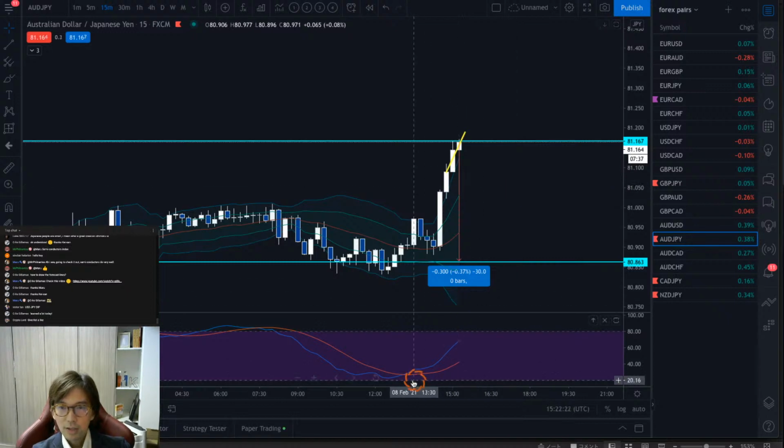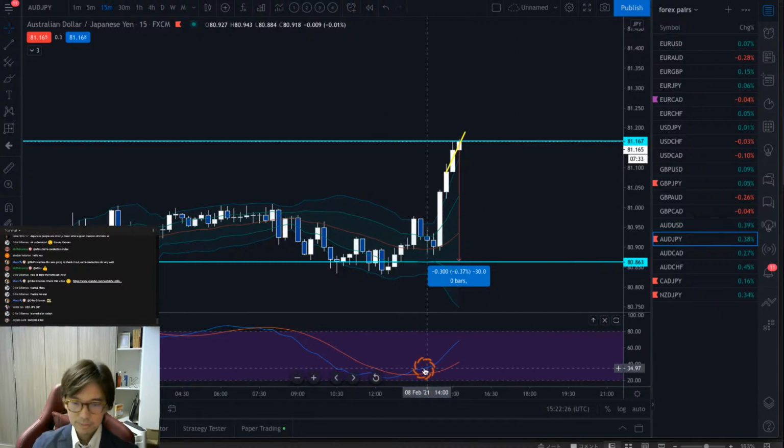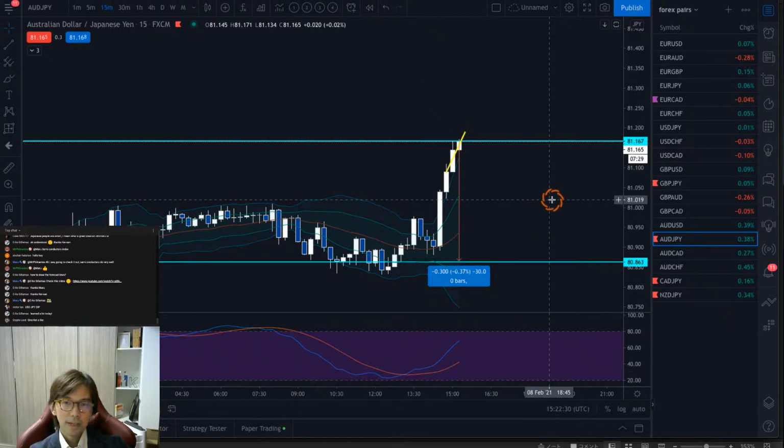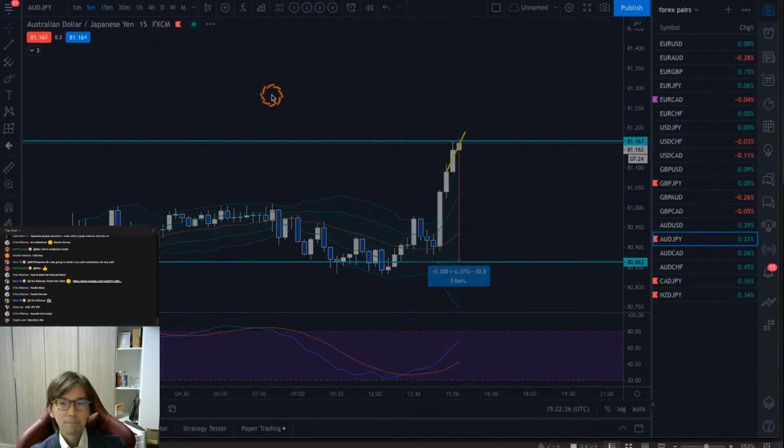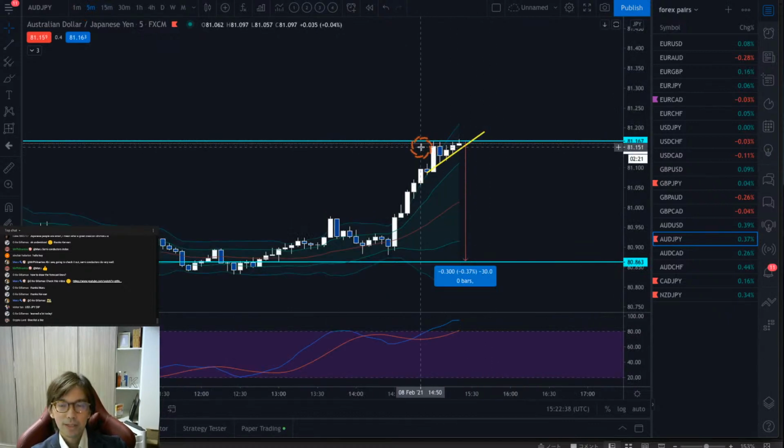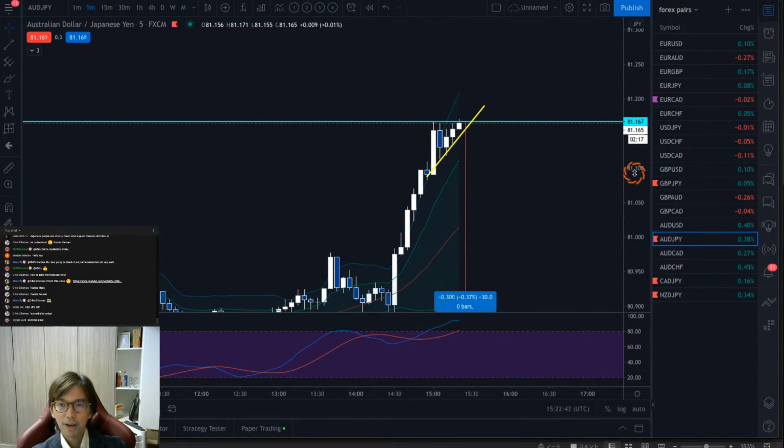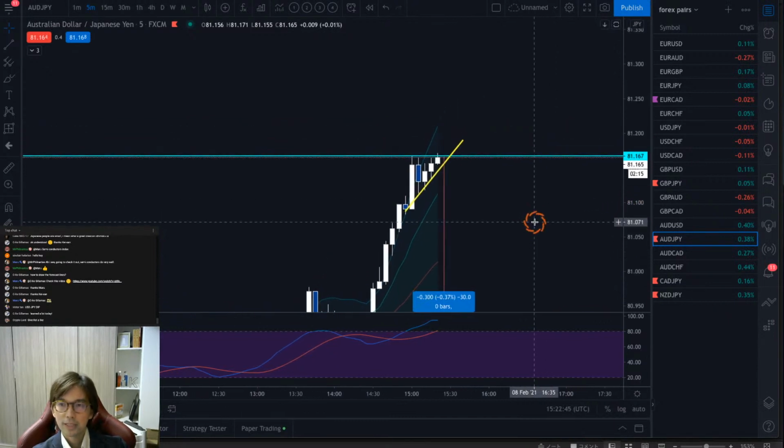The stochastic gold cross was a bit too late to take, so in 15, I don't think I can find confirmations to buy. But in 5, because of this ascending P wave structure, once it breaks, that will be a great buy chance.